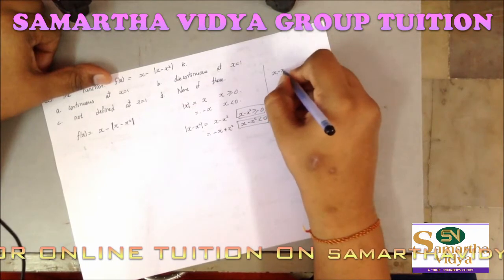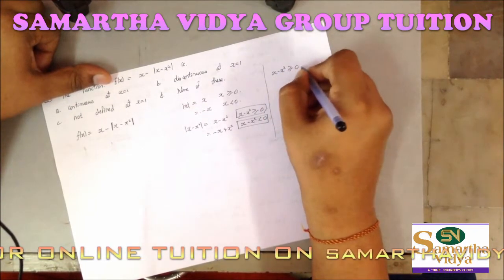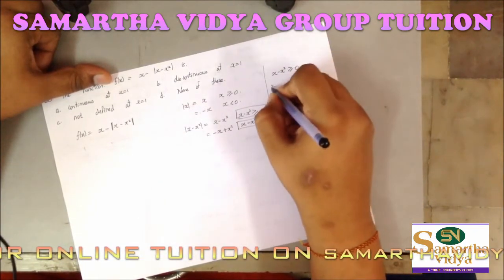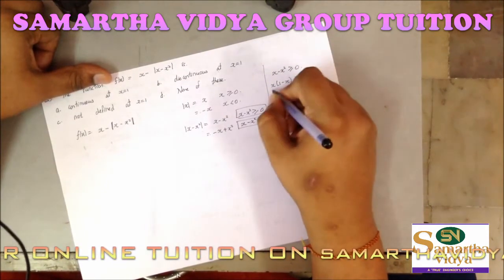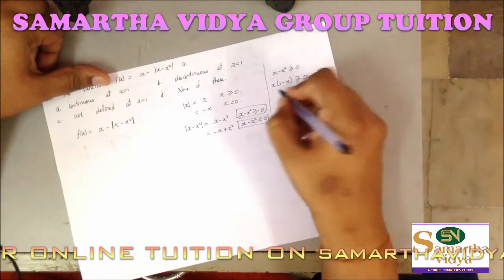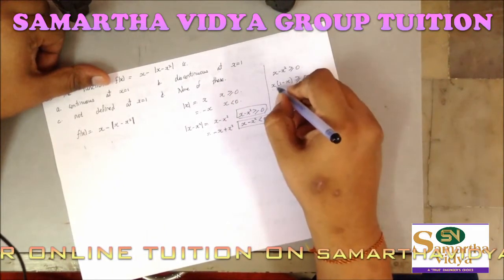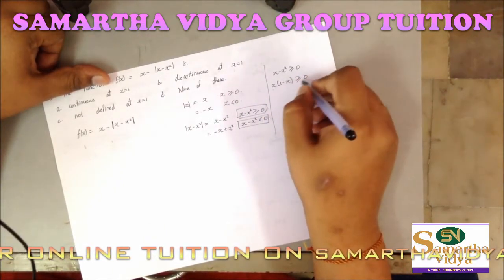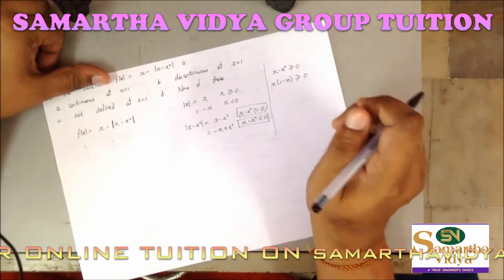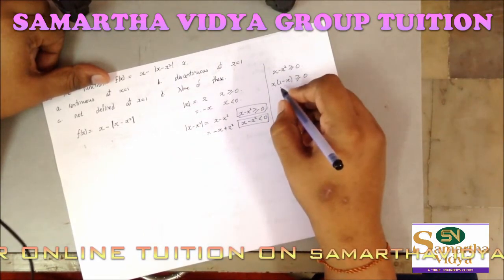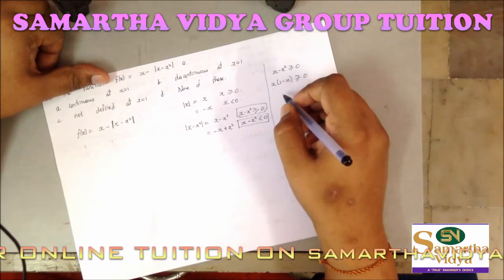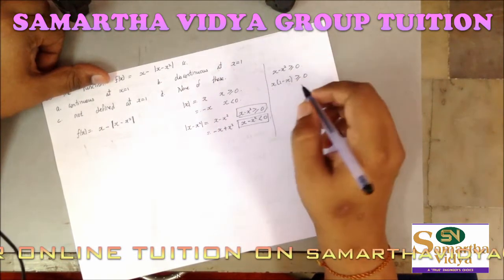So let us understand x minus x square greater than or equal to 0. If I take x common, I basically get a product of two terms, that is x and 1 minus x. Now you have to understand that the product of these two terms is greater than 0, which means we are talking about a positive number. The product of two numbers is going to be positive when both the numbers are positive or when both the numbers are negative.